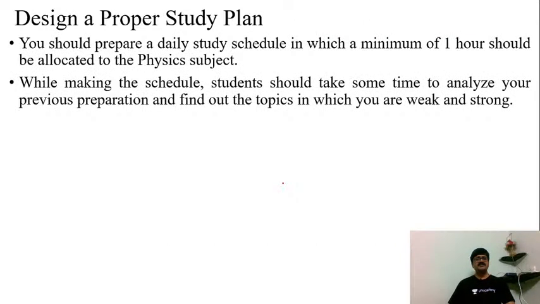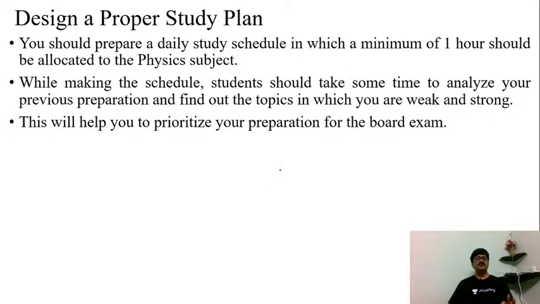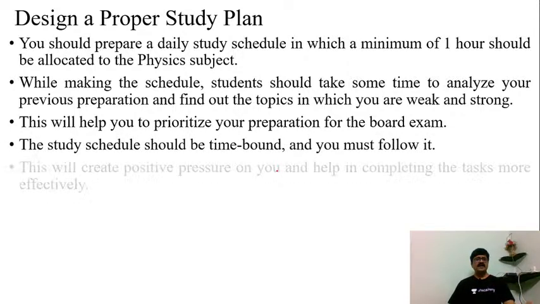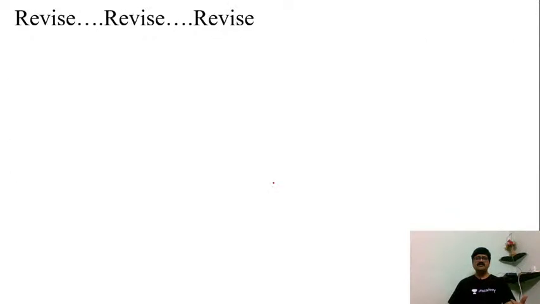Now in this study plan, you should schedule a minimum of 1 hour for physics per day. Every day, plan such that whatever you studied on previous days is revised quickly in the first 10 minutes, then you progress. Likewise, prepare a schedule.